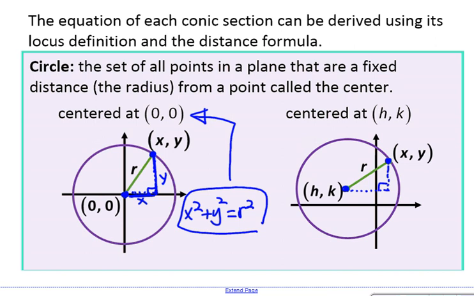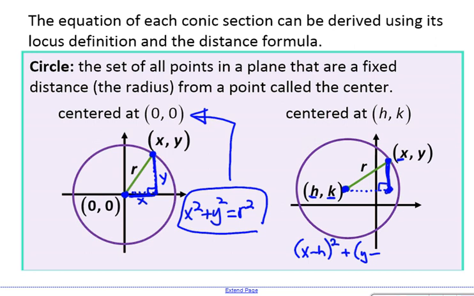The distance from this left point to the right point is going to be the difference in the x values, so x minus h. I'm going to take x, subtract h, and because of the Pythagorean theorem, I'm going to square it, plus our vertical distance here, which is the difference in the y. The top y is y.